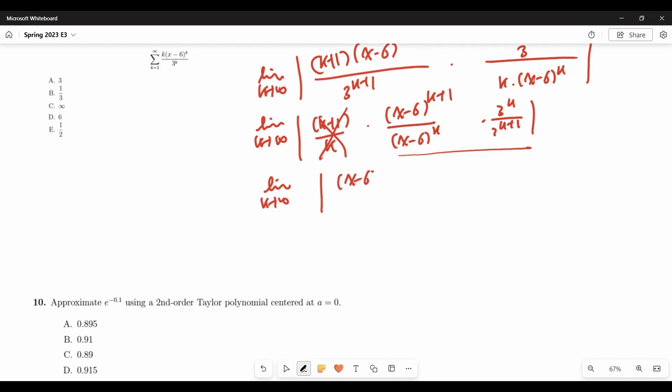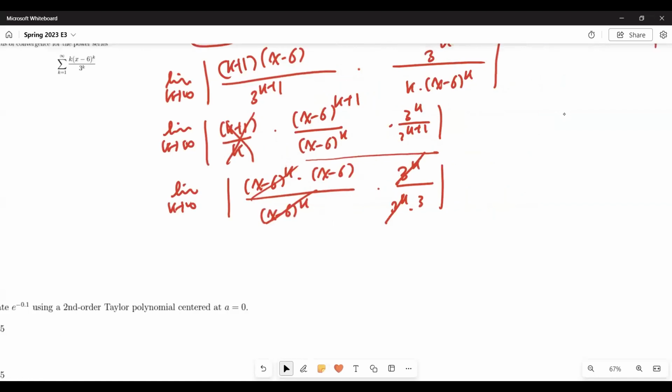So x minus 6 to the k times x minus 6 is the same as x minus 6 to the k plus 1. So this is divided by x minus 6 to the k power. And then 3 to the k over 3 to the k times 3, which is the same as 3 to the k plus 1. So x minus 6 to the k canceled out. So we're left with x minus 6 over 3, right?